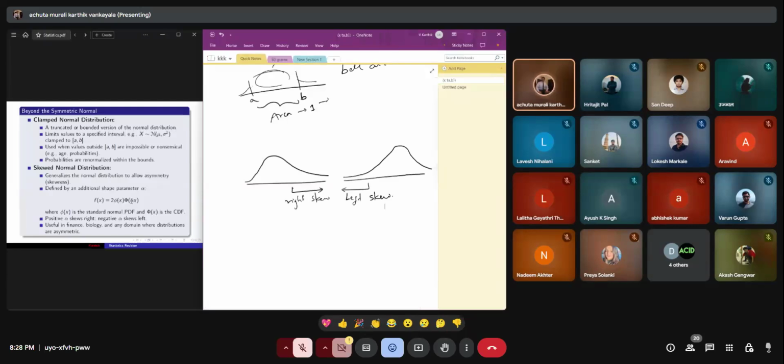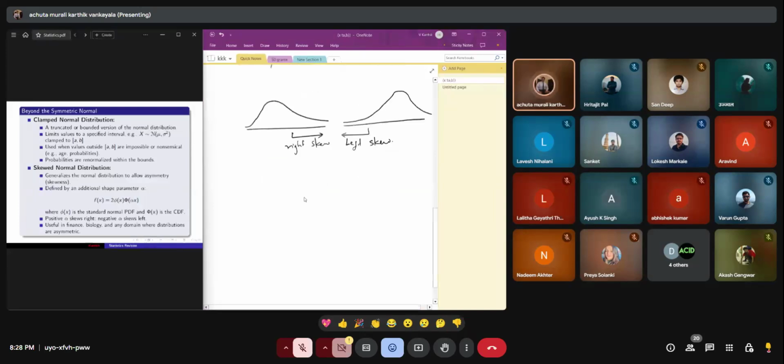So we use another parameter called alpha to define the shape of the distribution, and we have the probability density function as this. This defines the skewness of the distribution, where a positive alpha signifies a right skew and a negative alpha signifies a left skew. For example, you are dealing with the salaries of employees.